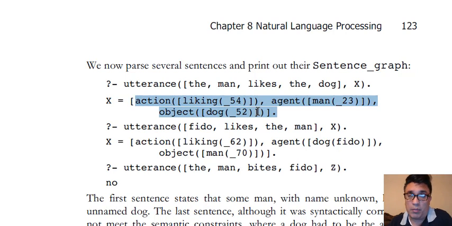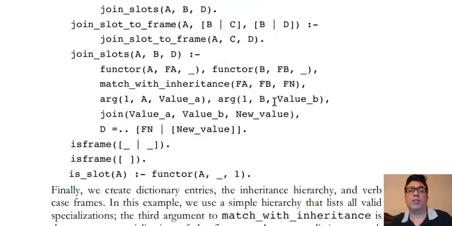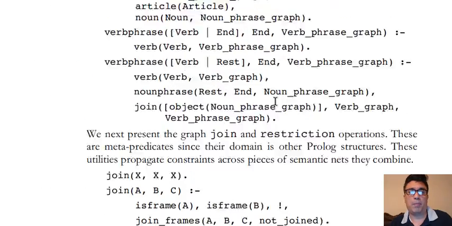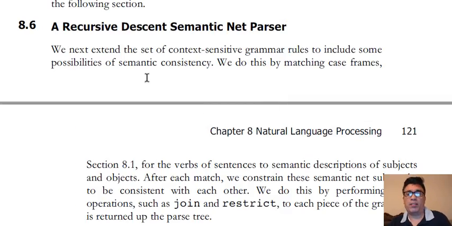Again, this is a very small example of a semantic net parser. A good way of calling this is semantic net because of the graph structures, but semantic nets and frames represent the same thing. The difference is that the semantic net is a more graphical representation of the frames.